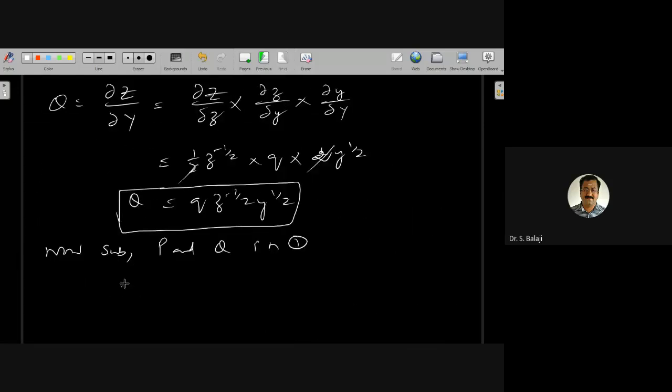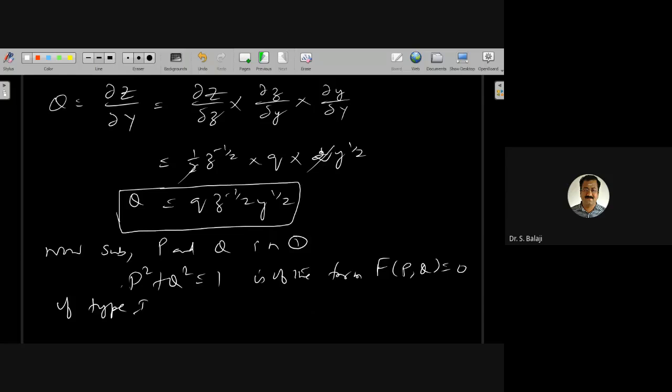This is of the form capital F of P, Q equal to 0, a standard type 1 equation: capital P square plus capital Q square equal to 1.